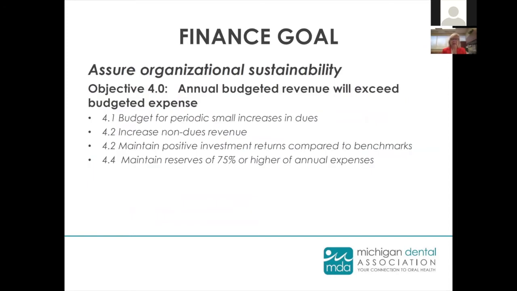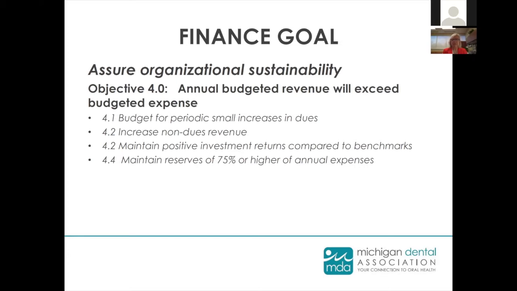Our finance goal is one of assuring organizational sustainability. If you don't have enough resources, you're not going to be able to serve your members, you're not going to be able to keep your membership numbers up. So we want to make sure that we're here and we have what we need to sustain our organization. And this is all about the money. Our annual budget, every year we're very fiscally responsible. We want to make sure that we develop a budget that's in the black.